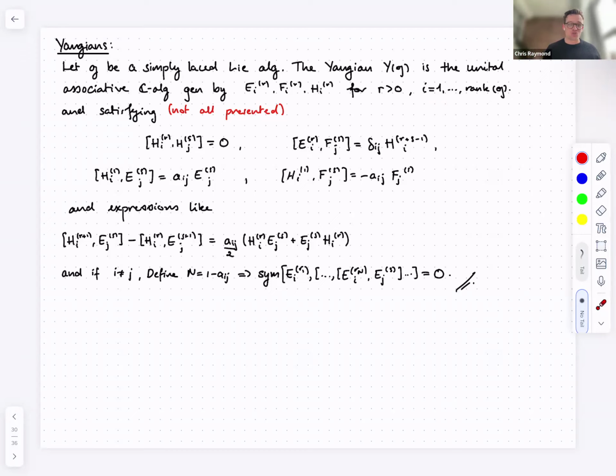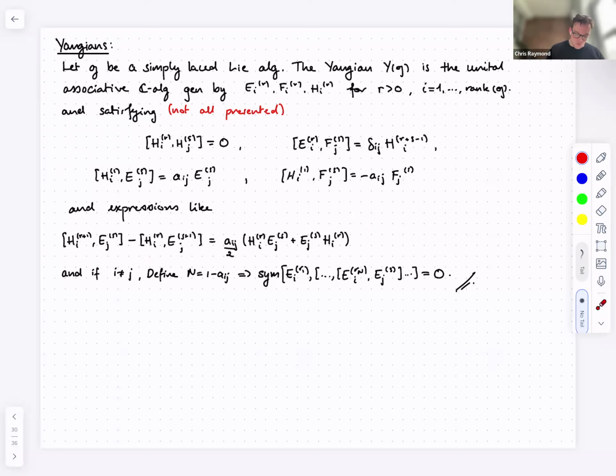What I want to do is produce, first of all, some relations that should look pretty familiar. We have some set of relations in our Yangian that look very similar to the types of relations you expect to see on a Lie algebra. But then we have an additional set of relations which look much worse than what you expect to see in the enveloping algebra of a Lie algebra. For example, this is a relation here. The difference between commutators of H's and E's gives me some linear combination of H's and E's.